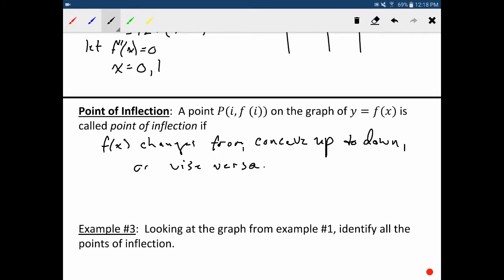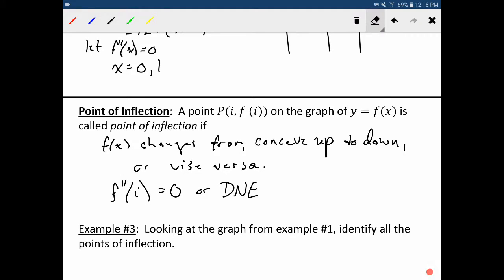The other thing that has to happen here is at the actual value, the second derivative will either equal 0 or be undefined, so it does not exist.